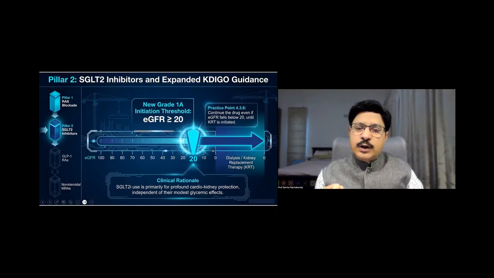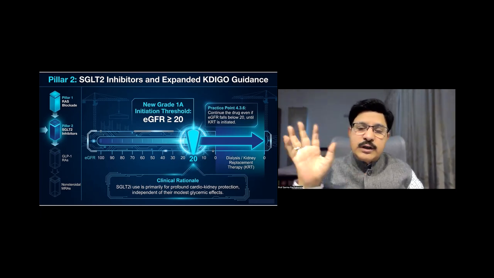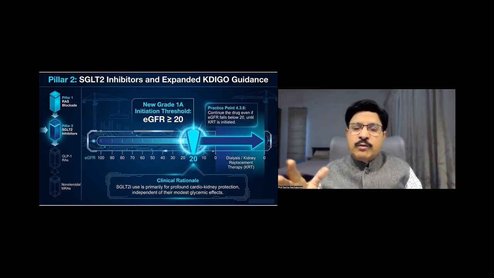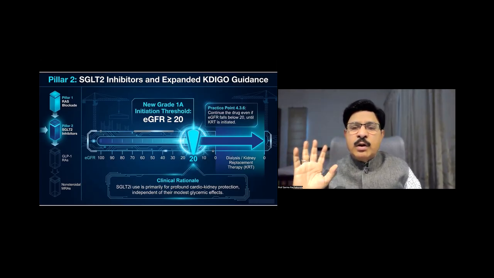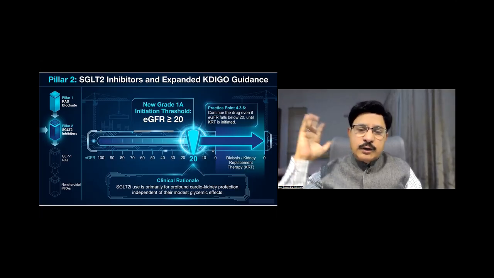SGLT2 inhibitors have shown profound protection on the heart and blood vessels, independent of modest glycemic control. That means what? If one person's glycemic control is good, why should I give an SGLT inhibitor? They are expensive and I will reserve it for later.